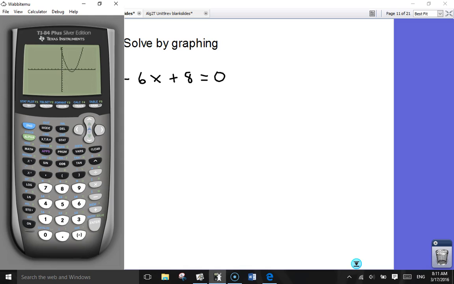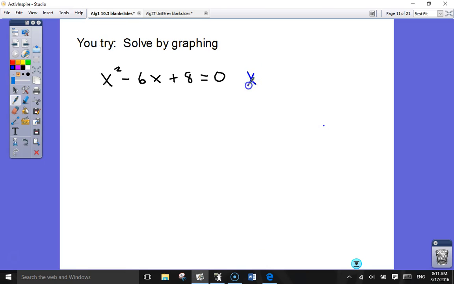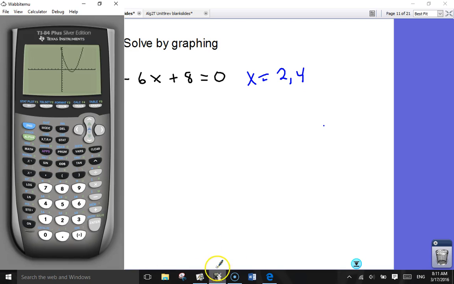And it looks like there's two x-intercepts, 2 and 4, right? So the answers are 2 and 4. Okay, if I go to the table of values, second graph, when y is 0, x is 2. When y is 0, x is 4. So either way, you get the same answers.